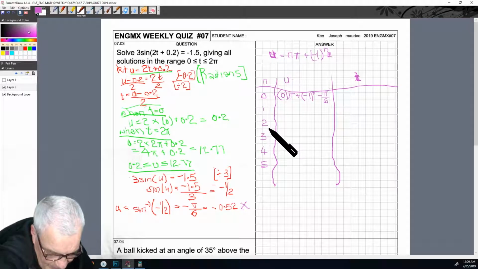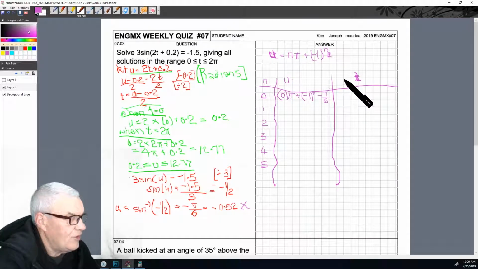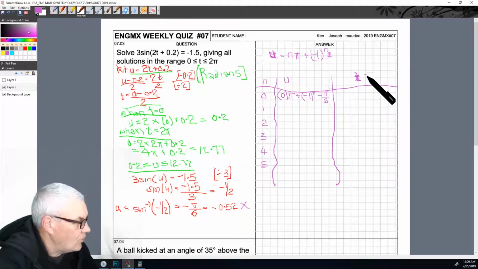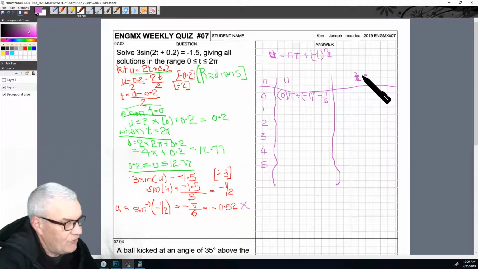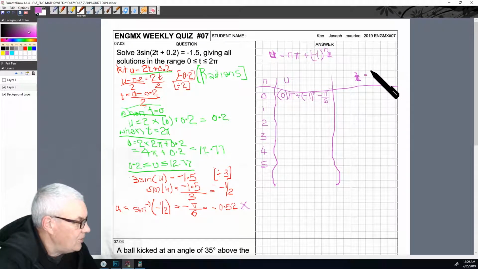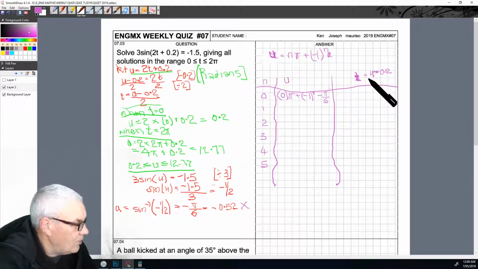And then over here, we've got t equals, because t is what was our variable, and that's going to be u minus 0.2 over 2.